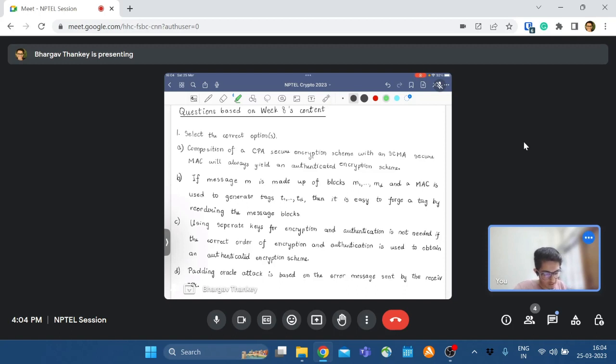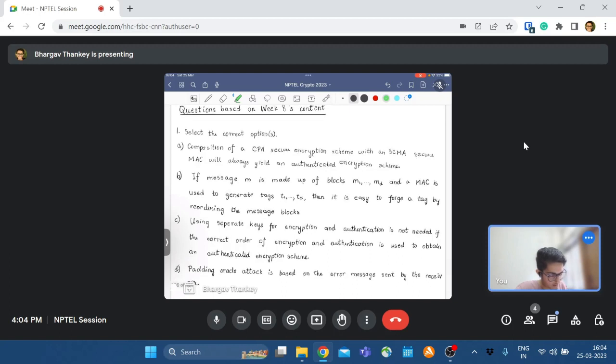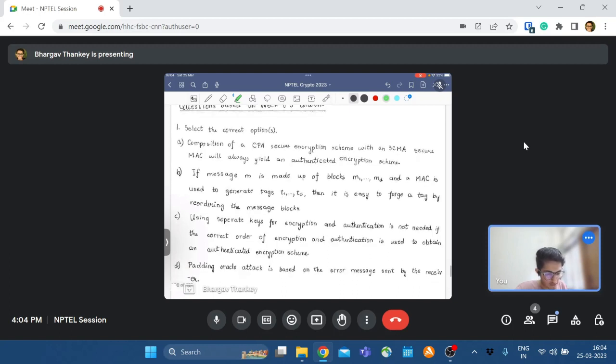Option C is using separate keys for encryption and authentication is not needed if the correct order of encryption and authentication is used to obtain an authenticated encryption scheme. And option D is padding oracle attack is based on the error message sent by the receiver. So these questions are from the assignment, so you might have solved them. If you know the answer and you would like to answer the question, you can answer in the chat.